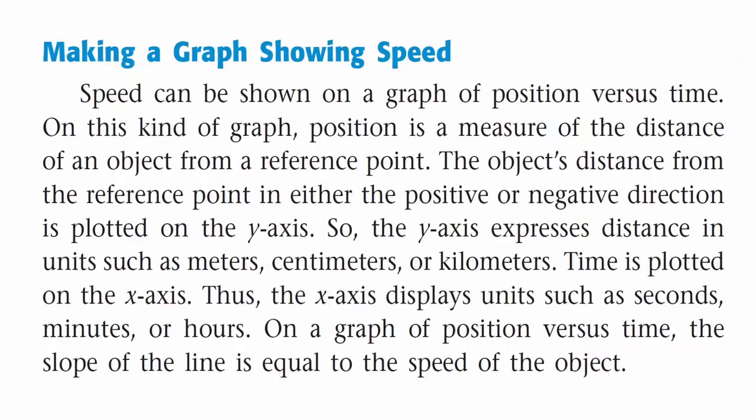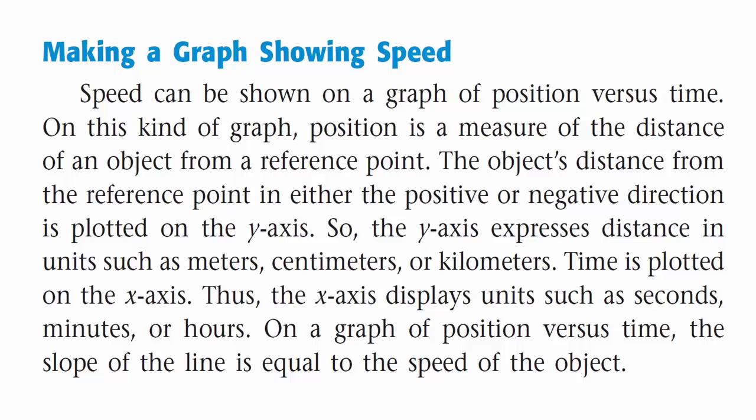Making a graph showing speed. Speed can be shown on a graph of position versus time. On this kind of graph, position is a measure of the distance of an object from a reference point. The object's distance from the reference point in either the positive or negative direction is plotted on the y-axis.